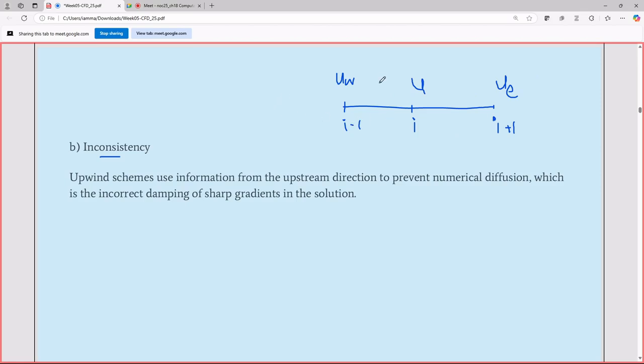So in such conditions, it can overcome the inconsistency by taking the dominant term, and it will also give good results for convective terms. So our answer is inconsistency.